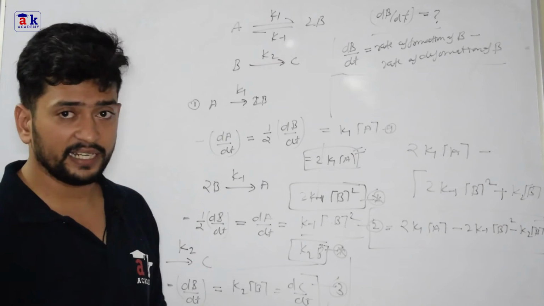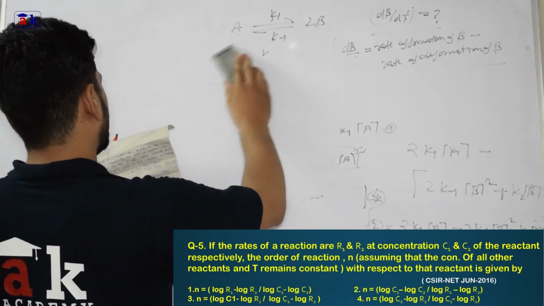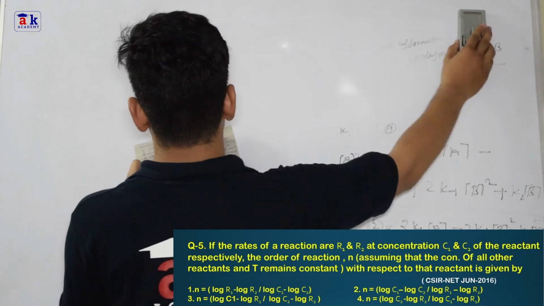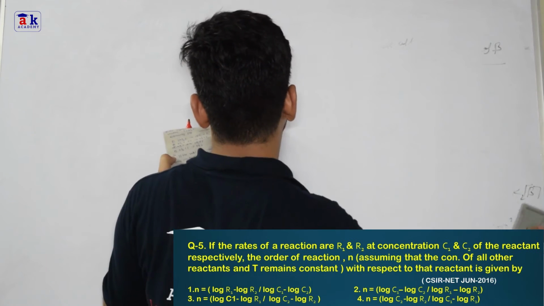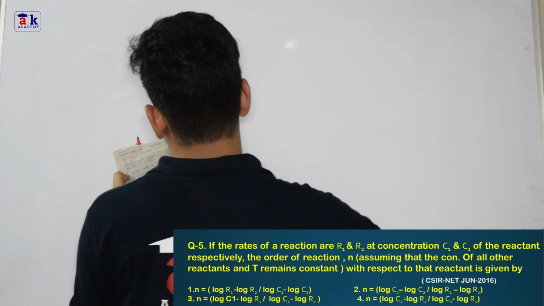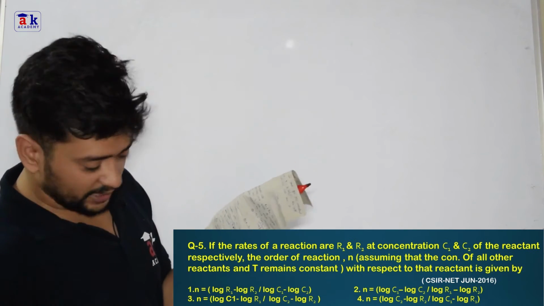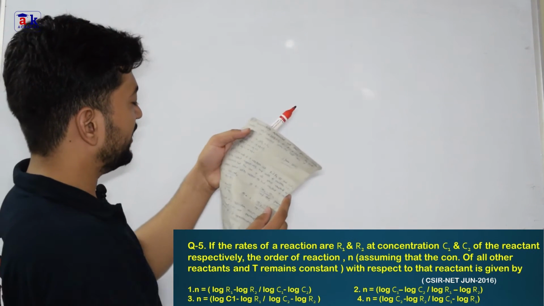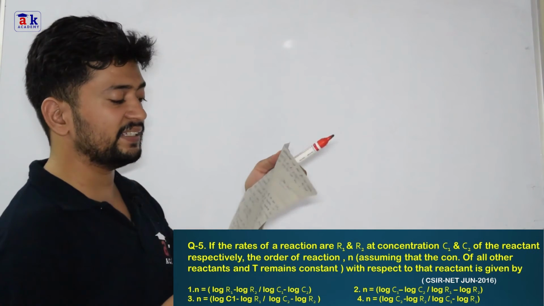Now let's see the next one: if the rates of a reaction are R1 and R2 at concentrations C1 and C2 of the reactant respectively, the order of reaction n, assuming that the concentration of all other reactants and temperature remain constant with respect to that reactant, is given by.